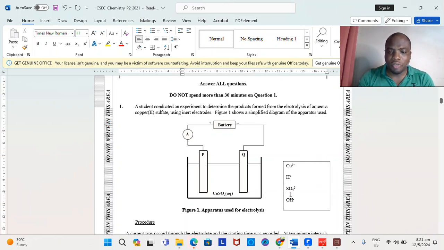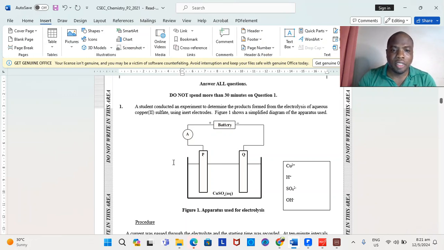And as you can recognize, we should know as students that we have cations, which are positively charged, and anions, which are negatively charged. Now, because the anode that we mentioned here is positively charged, it will attract the negatively charged anions.